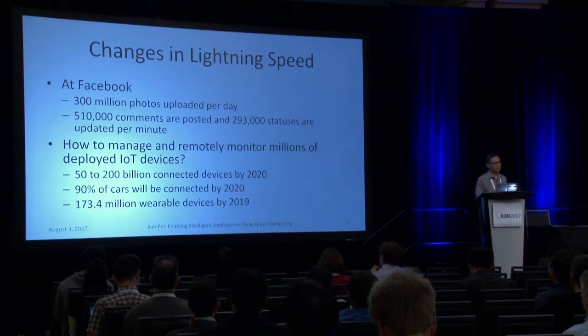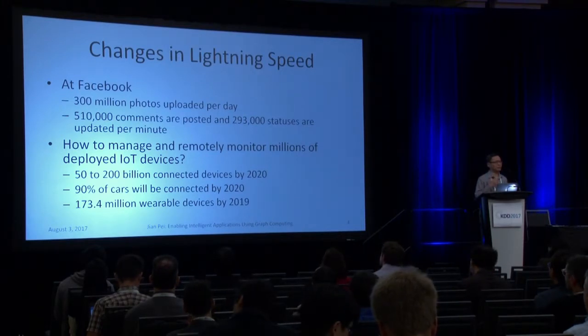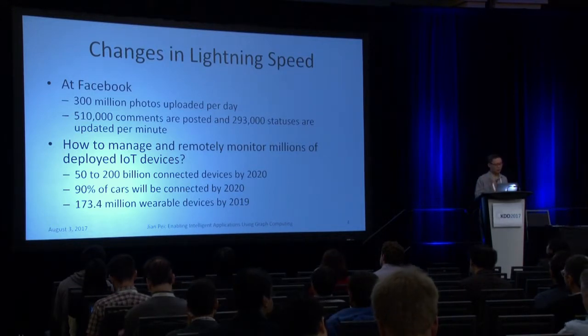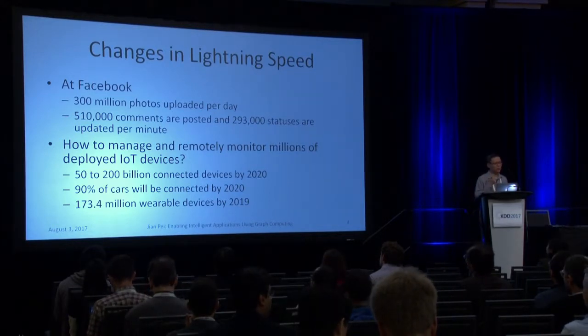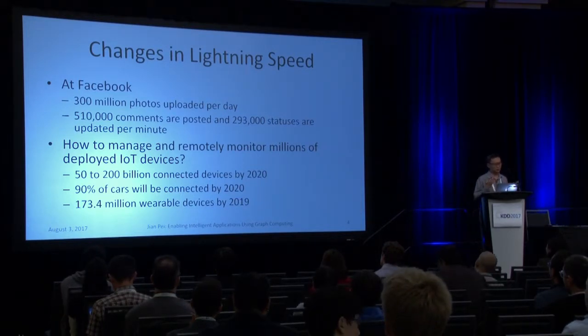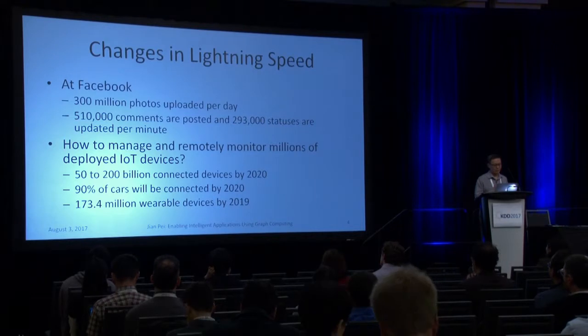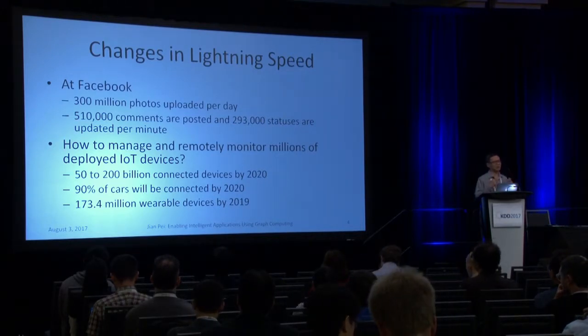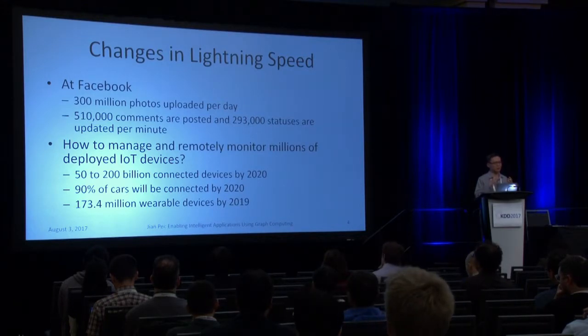At Facebook, every day over 300 million photos are uploaded. And every minute, over 500,000 comments are posted, and over 250,000 statuses are updated. So you can see the updates are so consistent and so everlasting.